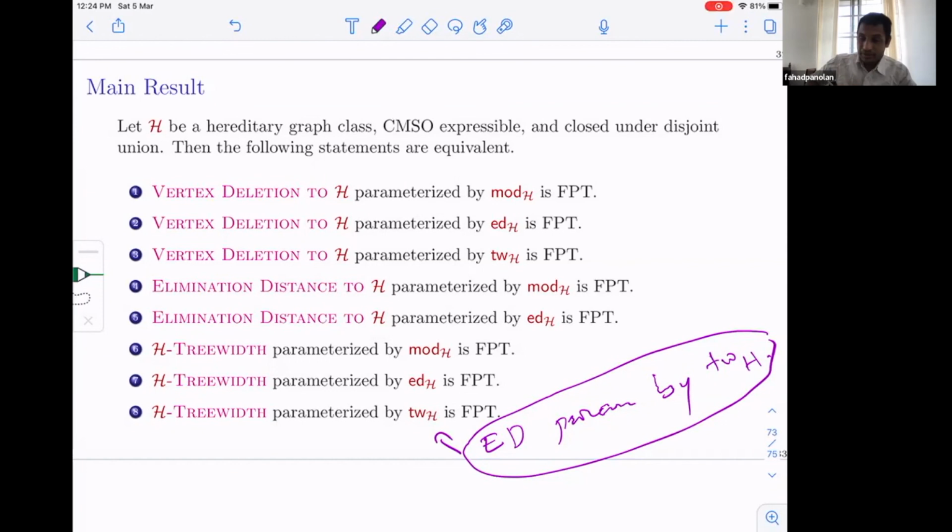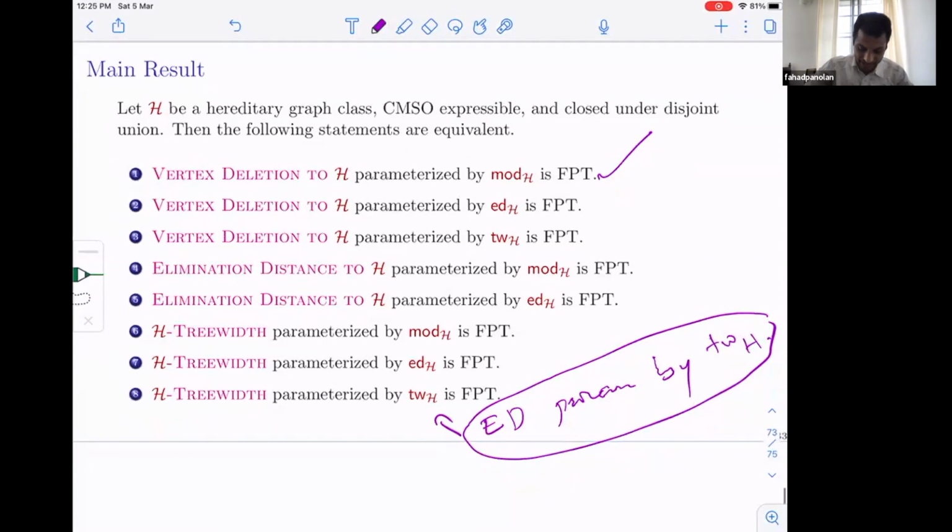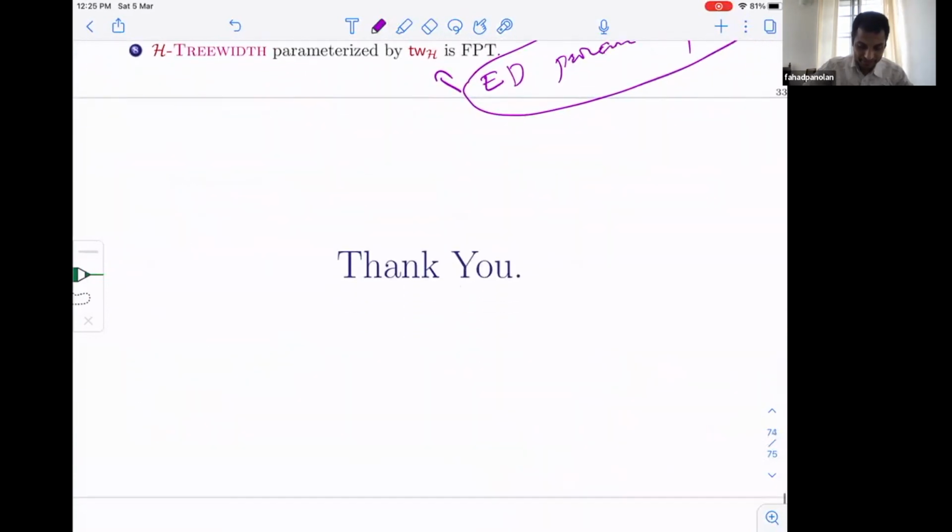But keeping that apart, all the other versions, with various cross parameterizations, you can prove that they are all equivalent. So in terms of FPT, it is all the same as whether the plain vertex deletion version parameterized by solution size is FPT or not. I will stop here.